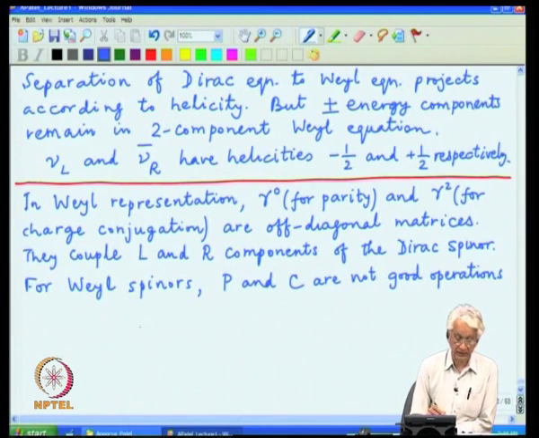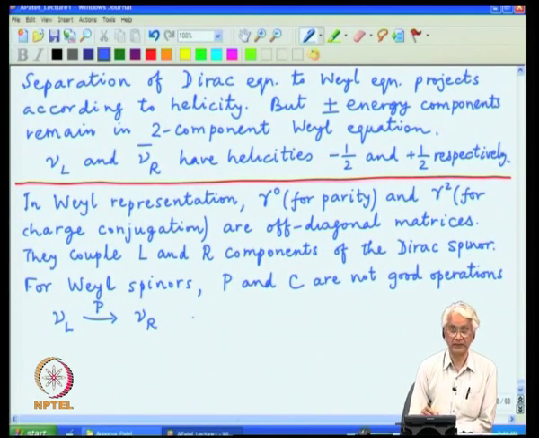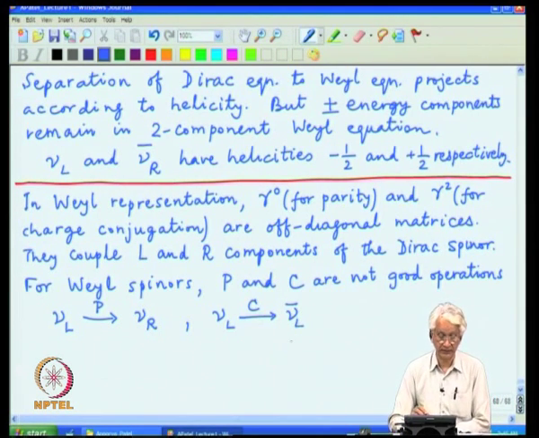To be more explicit, if I take a left handed neutrino and apply a parity transformation, it produces a right handed neutrino, or equivalently I take a left handed neutrino and apply the charge conjugation transformation, it produces left handed antineutrino. Neither of them actually exist in a pure description of a single helicity Weyl equation.